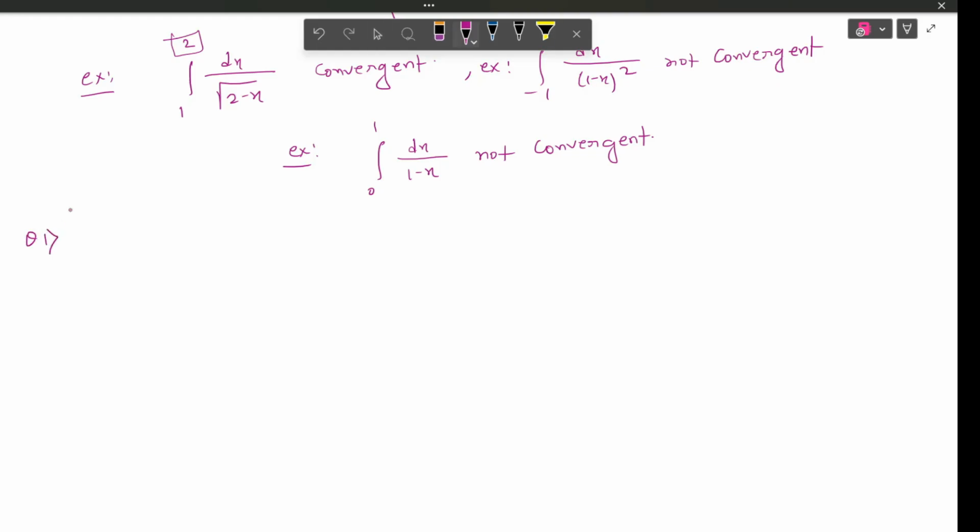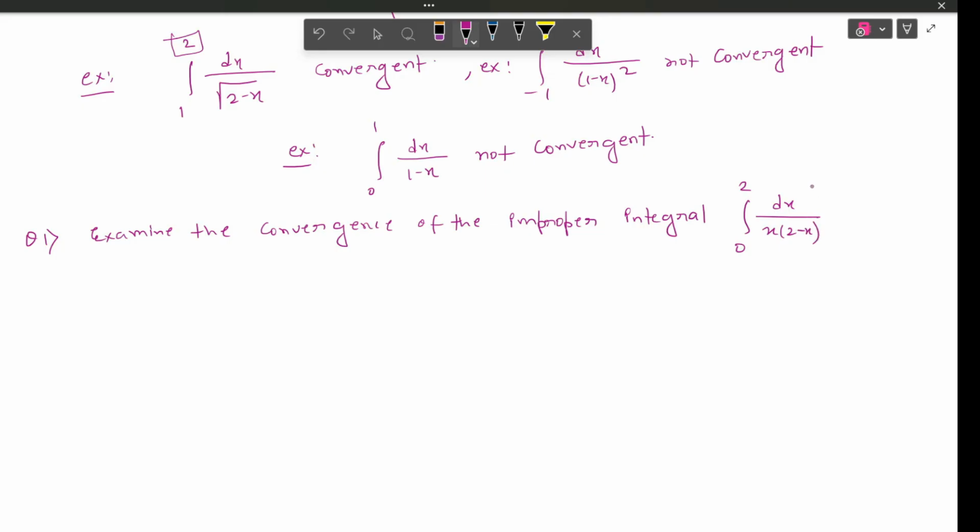So our question number 1 is, examine the convergence of the improper integral, integration 0 to 2 dx by x into 2 minus x. Okay.